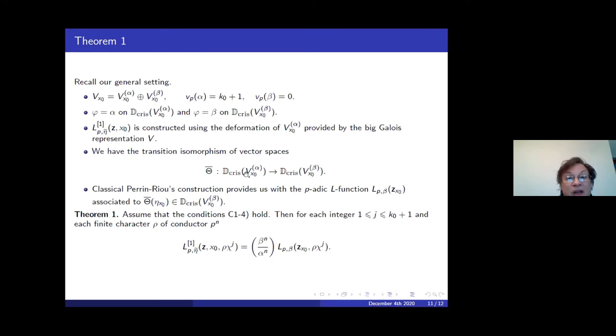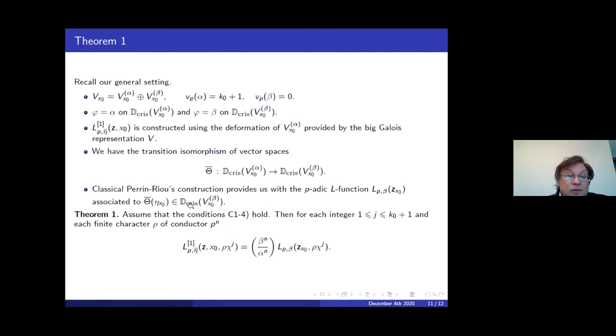And we can take as such element the image of our element theta under this transition map.